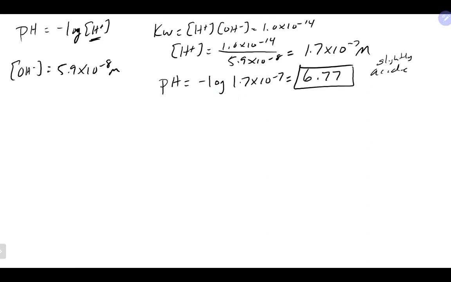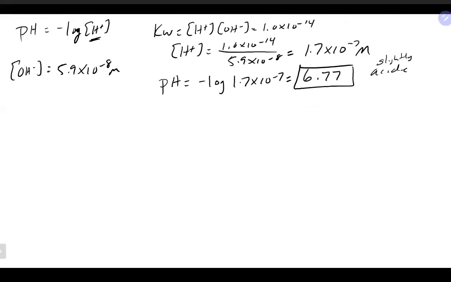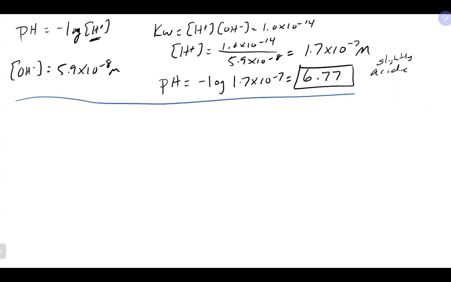Now, if you happen to have not realized that that was not the H plus concentration and you just threw it into this equation, and you got minus the log of 5.9 times 10 to the minus 8, which is 7.23.